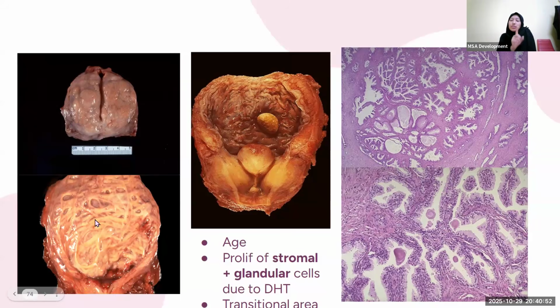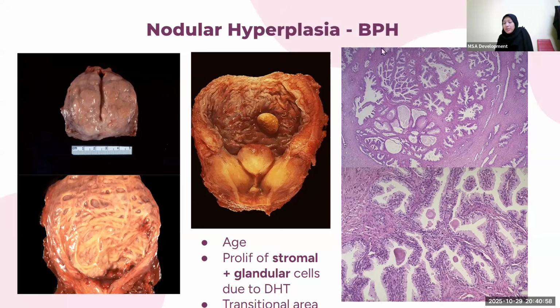So remember in males, the most common cause of obstruction was prostate hyperplasia, or BPH. It is benign. In histology, you will just see an increase in stromal cells, and glandular cells.